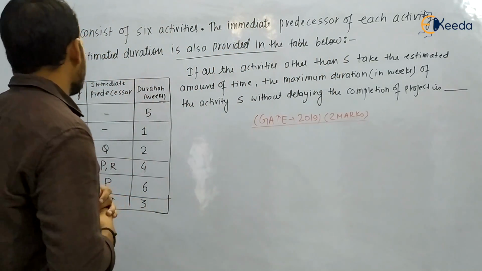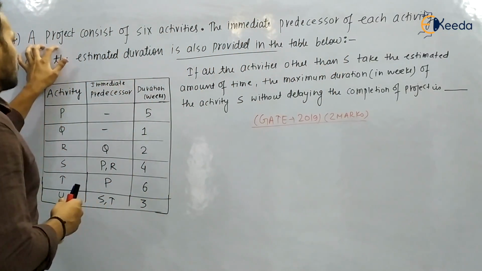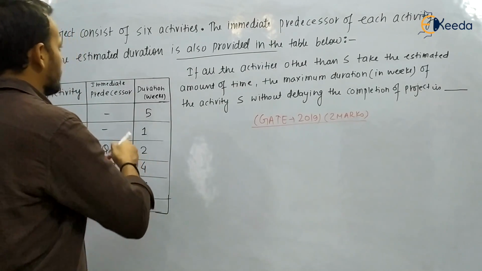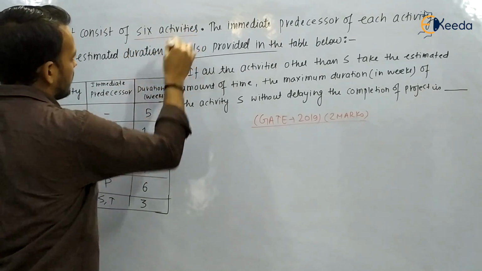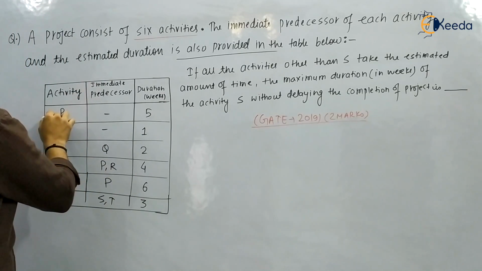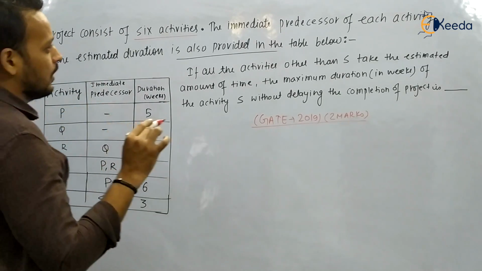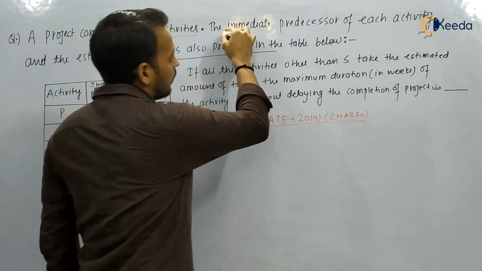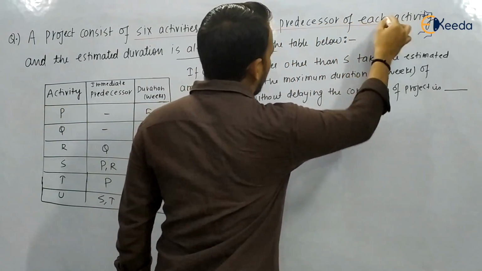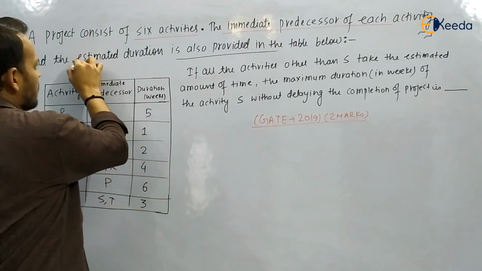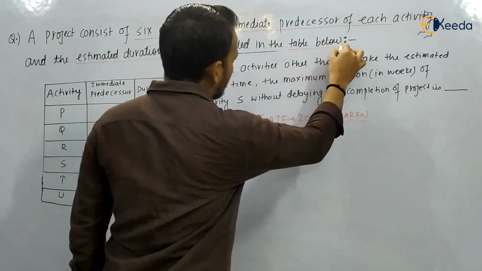The question says that there is a project consisting of 6 activities. You can see P, Q, R, S, T and U. The immediate predecessor of each activity and the estimated duration is provided in the table below.